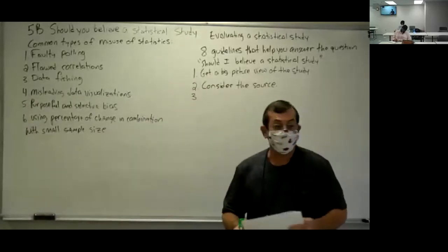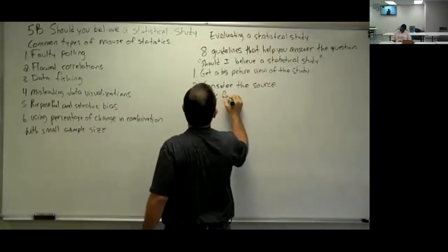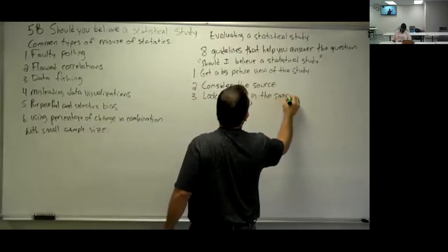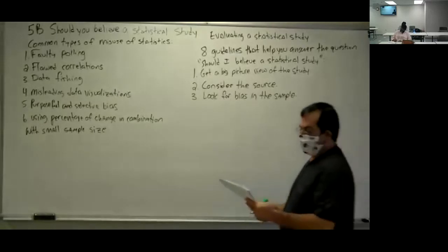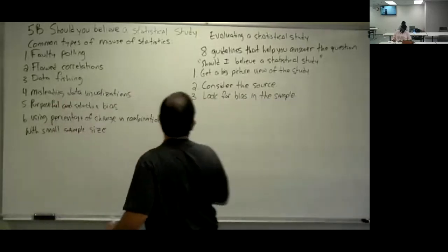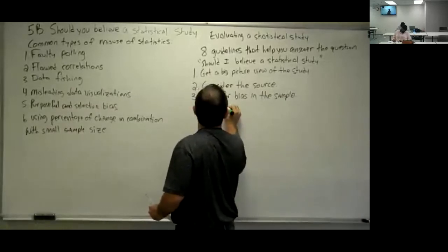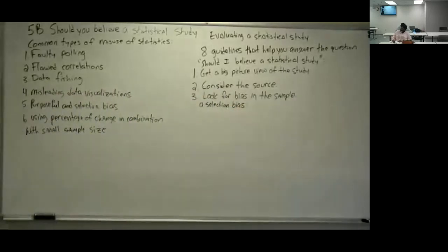Number 3, you're going to look for bias in the sample. So we have what we call selection bias. Selection bias occurs when the researchers select their sample in a way that tends to make it unrepresentative of the population.